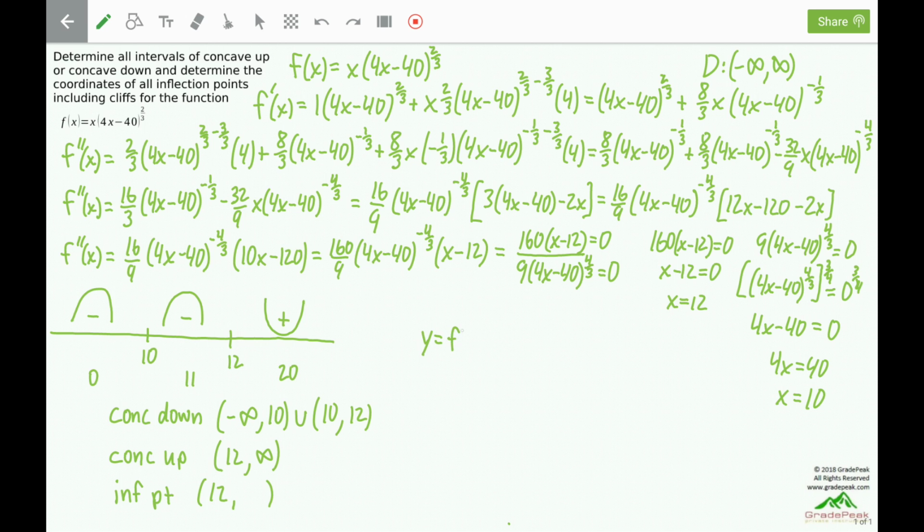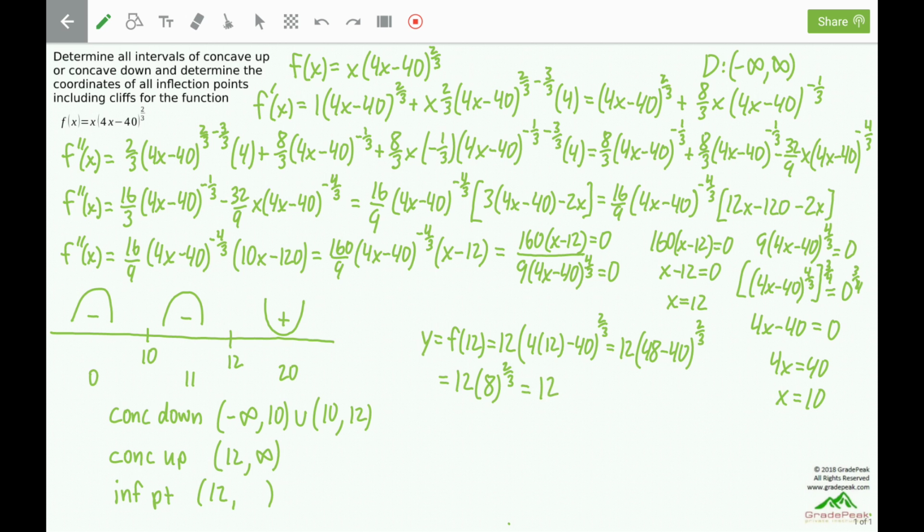So y will equal f of 12, which is going to be 12 times 4 times 12 minus 40 to the 2/3 power, which is 12 times 4 times 12 is 48 minus 40 to the 2/3 power, which is 12 times 48 minus 40 is 8 to the 2/3 power.